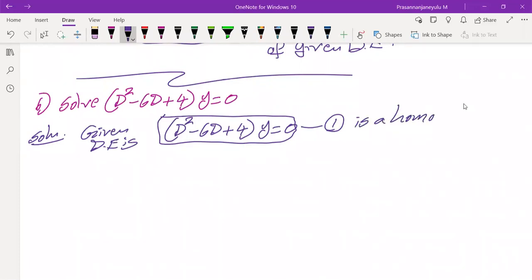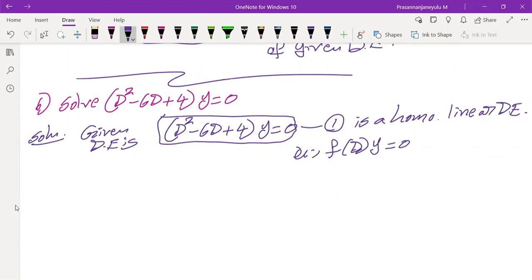Especially, what are the coefficients of the differential terms? They are constants. So all these differential equations are called homogeneous linear DE with constant coefficients. I am just mentioning that from the first problem onwards, it is a homogeneous linear differential equation, that is f of D of y equals 0 form.